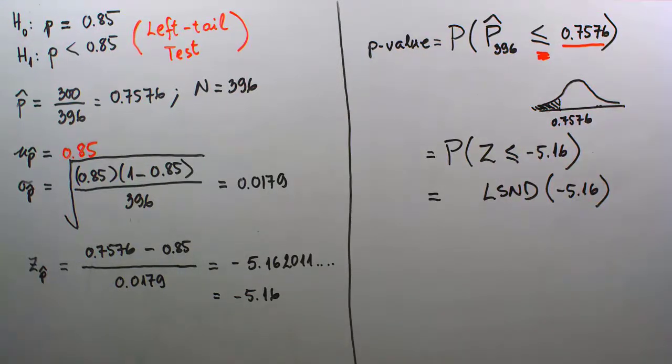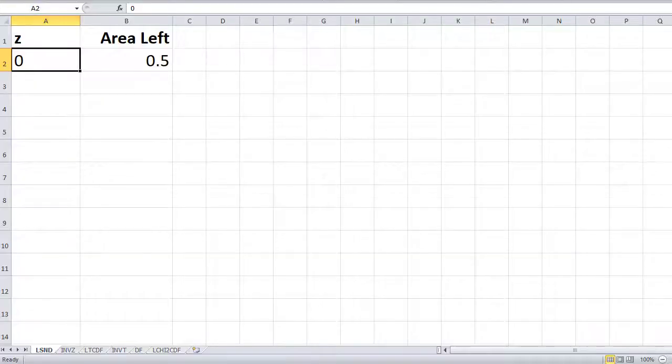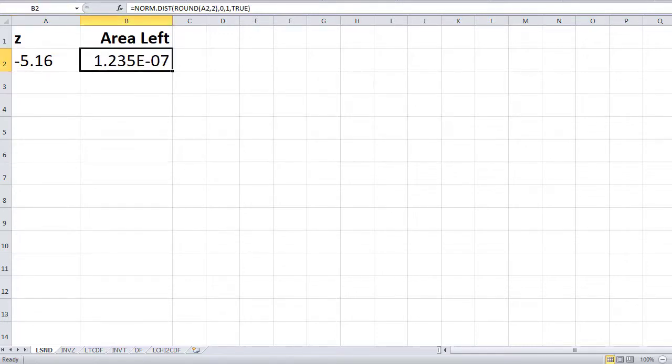And so on my computer screen here, with my LS&D program currently running, z-score negative 5.16 gives me area to the left being 1.235 E minus 07.